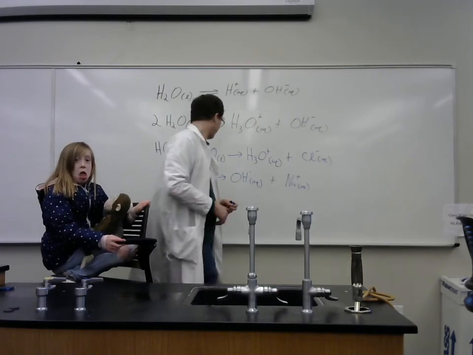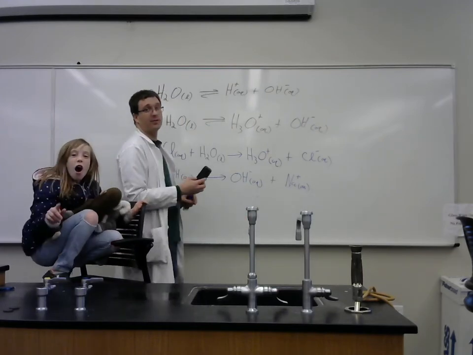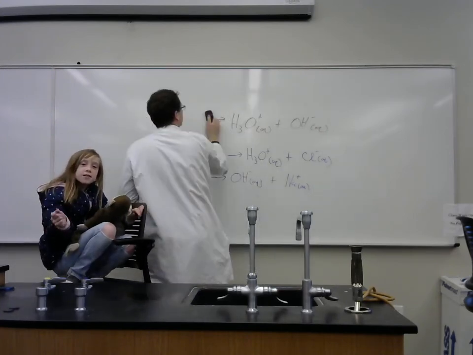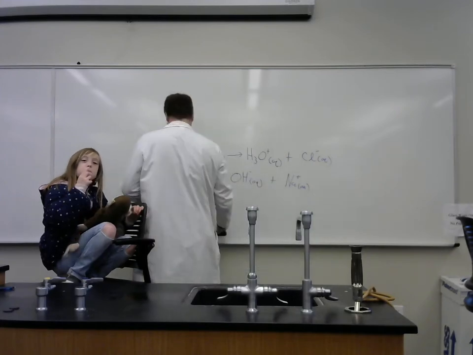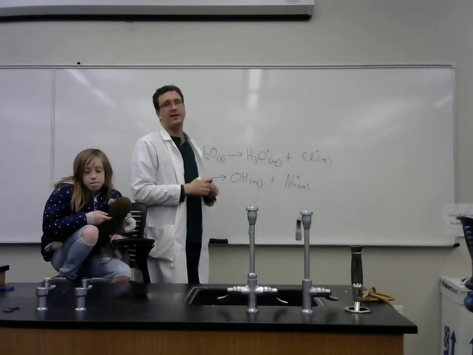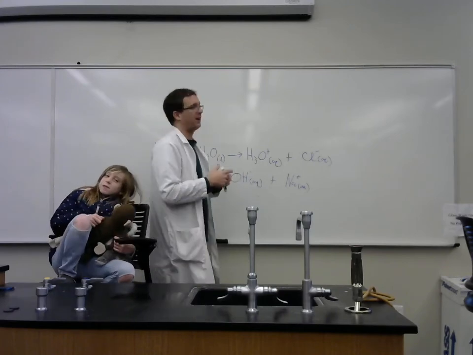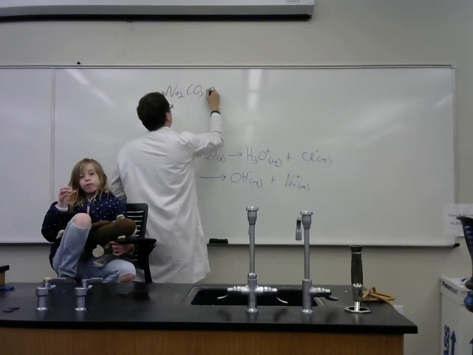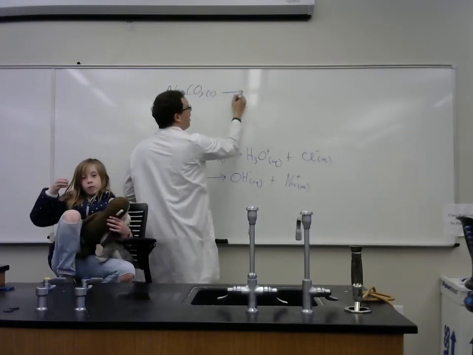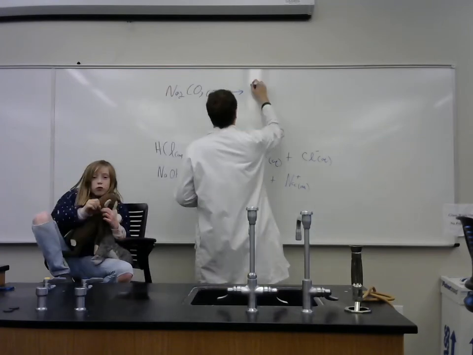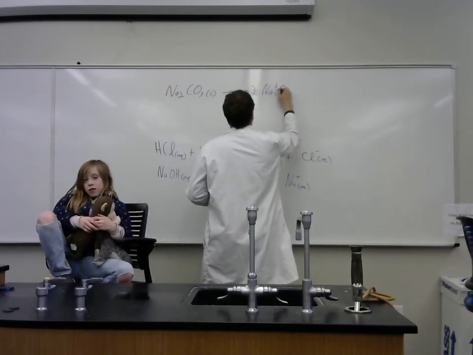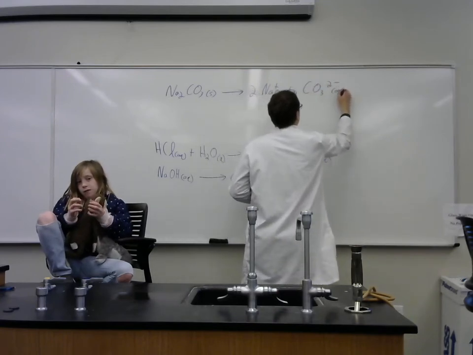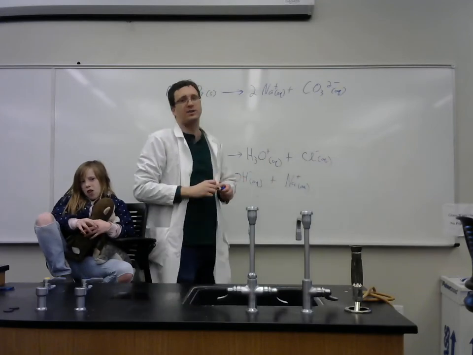Now the last type of reaction that I want to talk about is the solvation of a soluble salt. If I take something like sodium carbonate, for example, and dissolve it into water, then it's going to form sodium ions and carbonate ions.